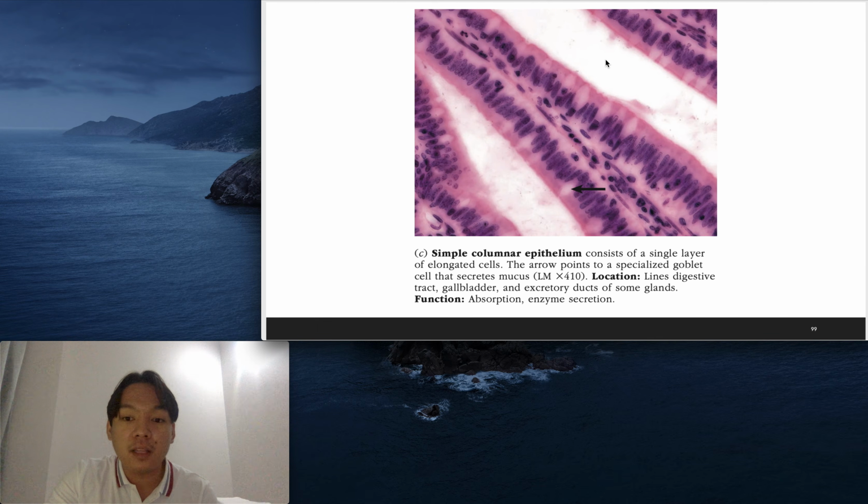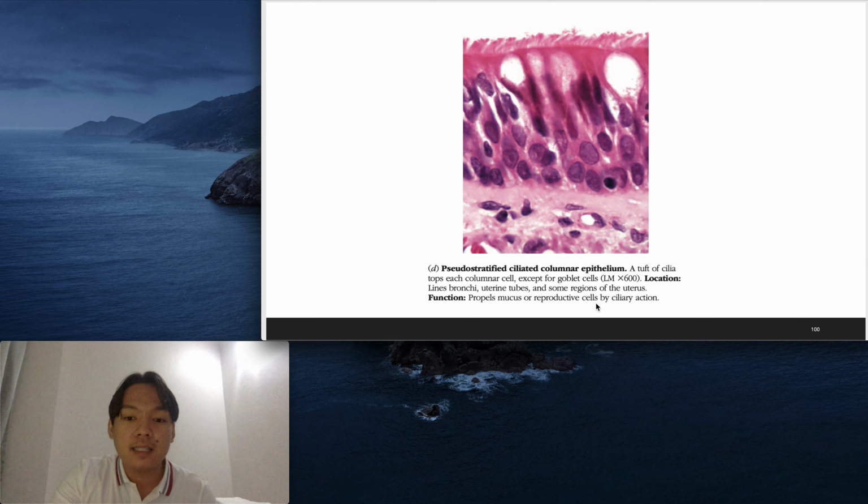Simple columnar epithelium consists of a layer of elongated cells. Take a look at their size and shape. They're more of a narrow type of epithelia. They line the digestive tract, the gallbladder, and the excretory ducts of some glands. So what are their functions? Absorption and enzyme secretion. We have the pseudostratified ciliated columnar epithelium.